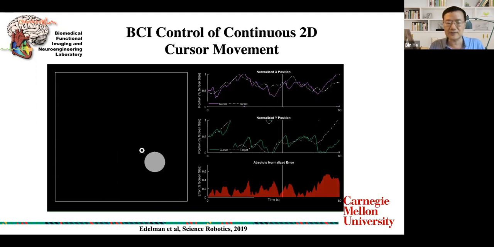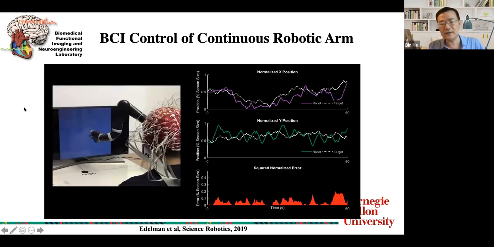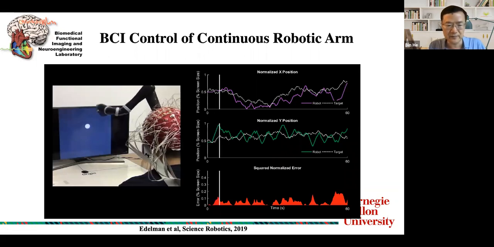We illustrate how a continuous 2-dimensional virtual object control can be accomplished by this BCI system.